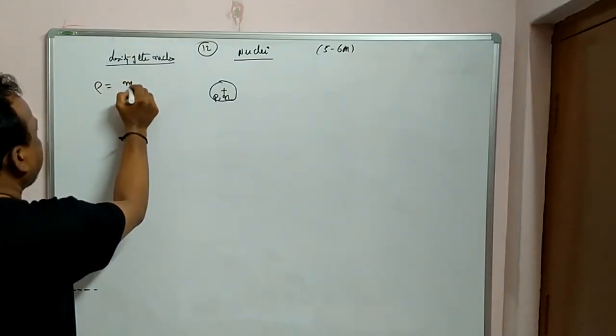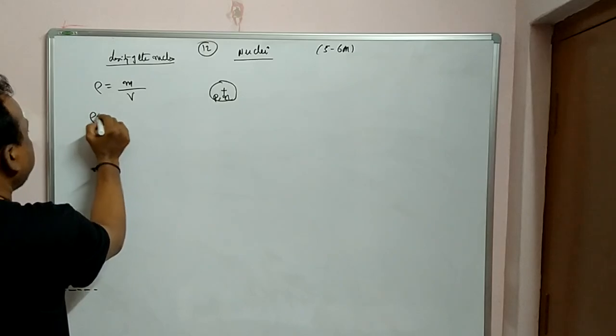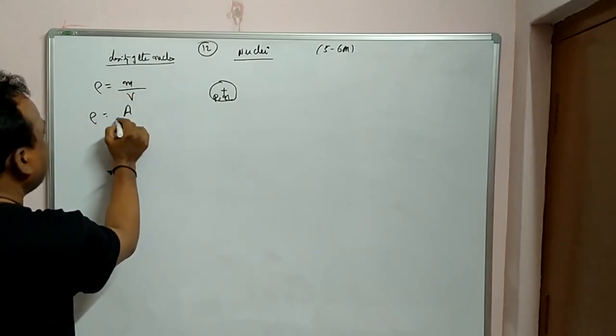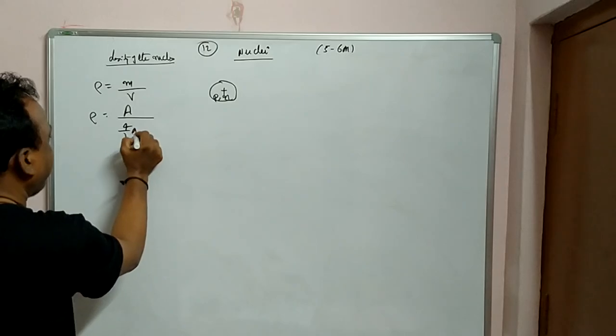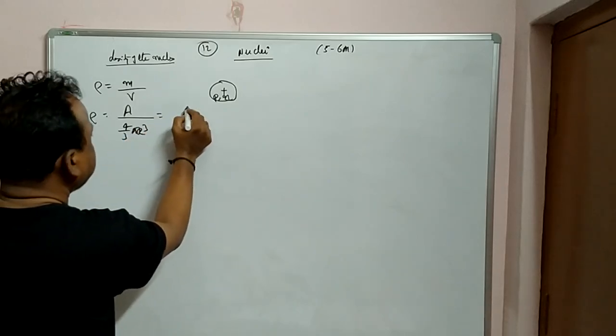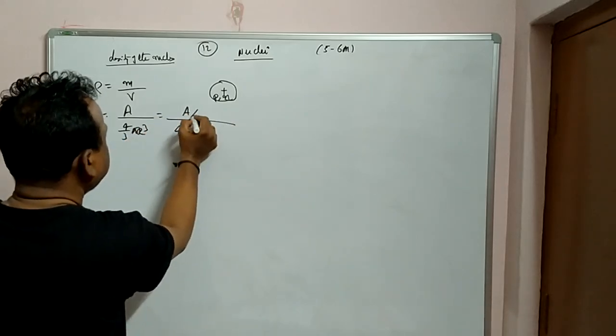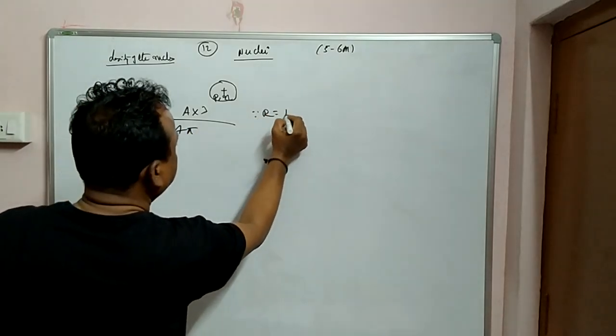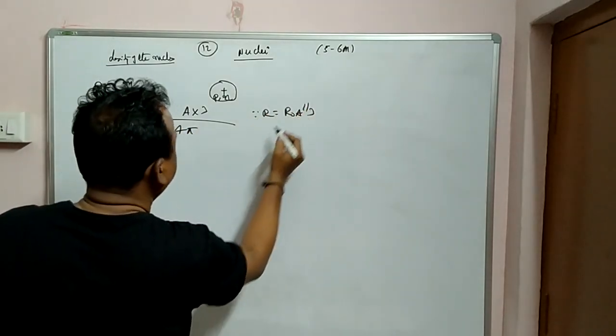Density means mass per volume. Here mass is in AMUs, the atomic mass, A, divided by the volume, 4/3 π r cubed. And r is equal to r naught into A^(1/3).